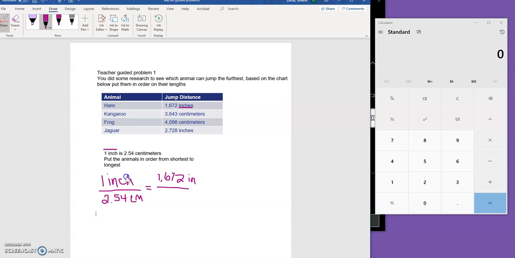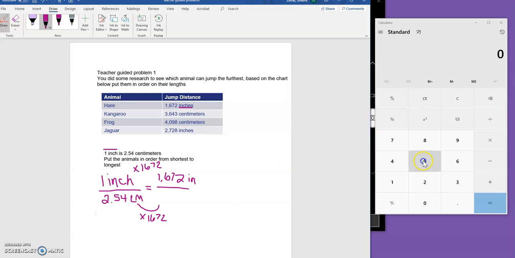Because I chose 1 inch and I chose the hare, which is in inches, all I have to do with my unit rate is multiply it to get this new value. So 1 times 1,672 on the top, and repeat that here on the bottom. Please make sure you're showing the work.